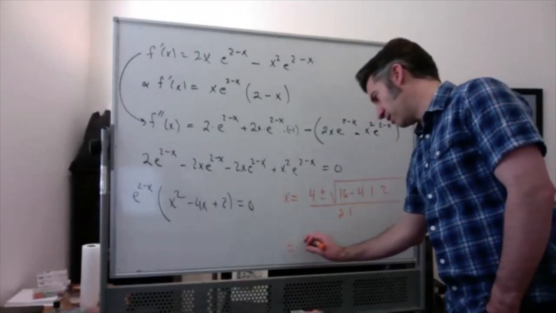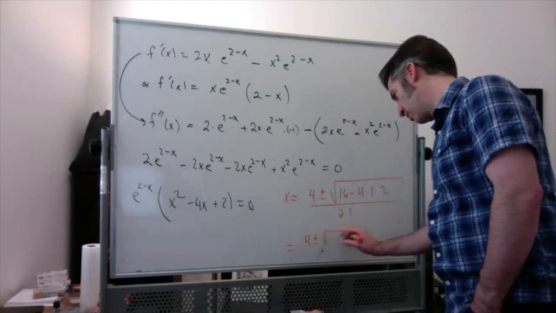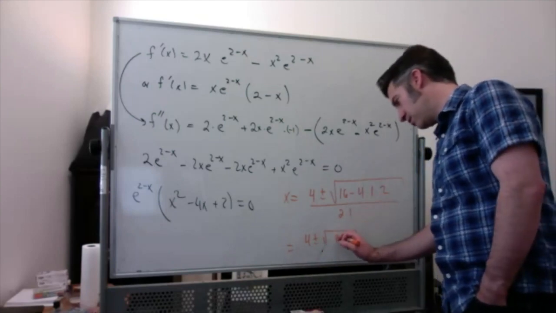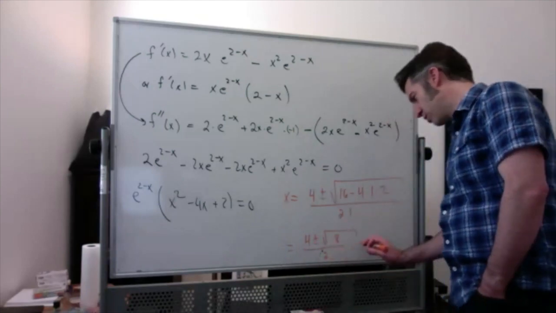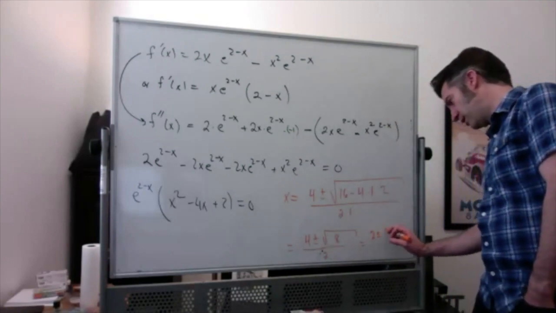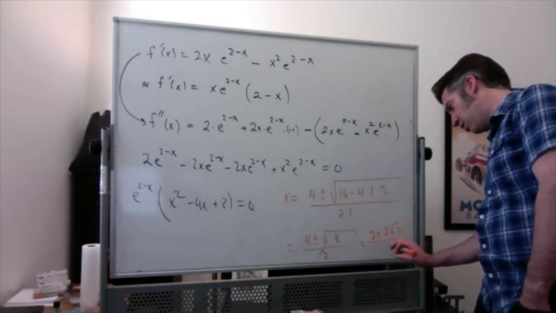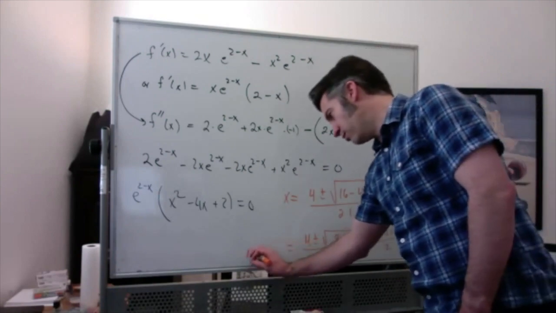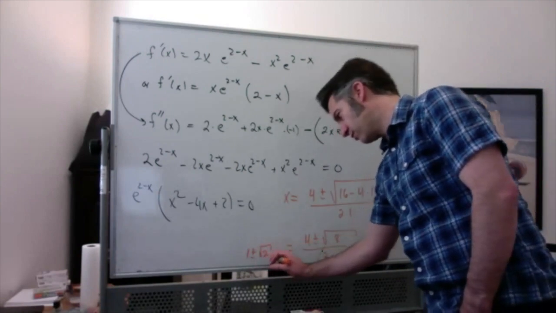So my critical values are 4 plus or minus the square root of 16 minus 8, all over 2, which is 2 plus or minus 2 root 2, all over 2, which is 1 plus or minus the square root of 2.